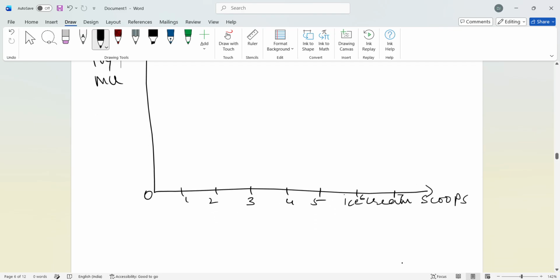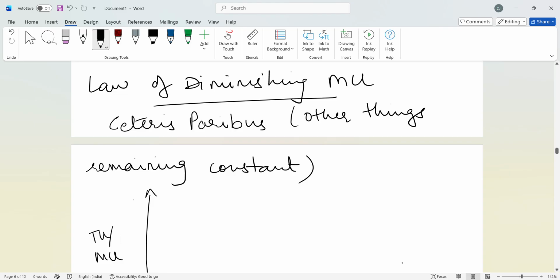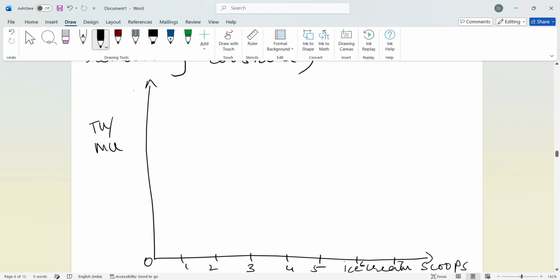And here, for the numbers for total and marginal utility, I'll take a gap of, let's say, 40.